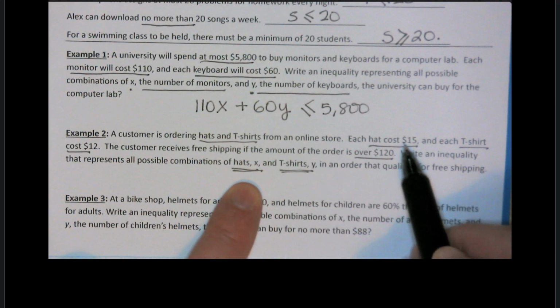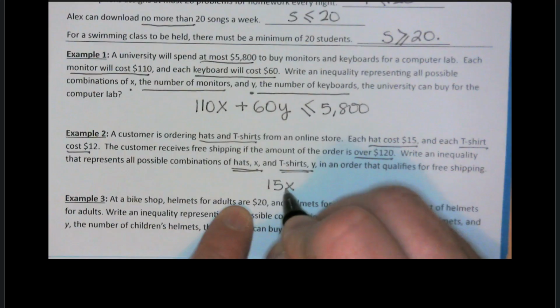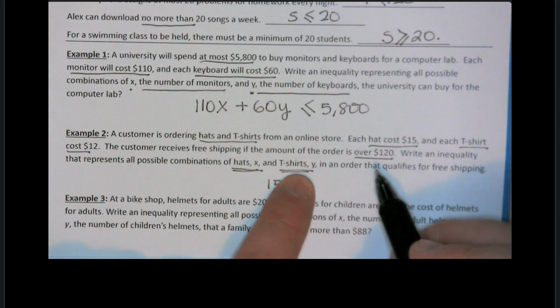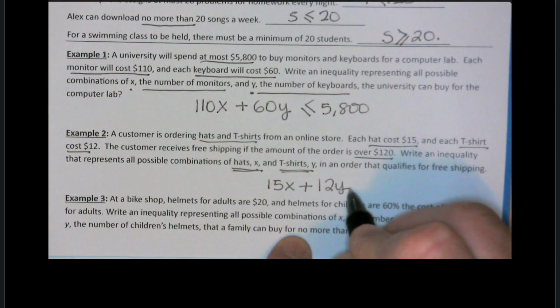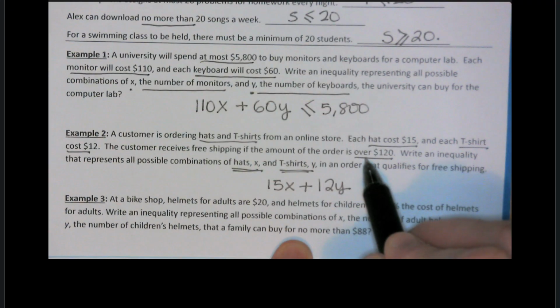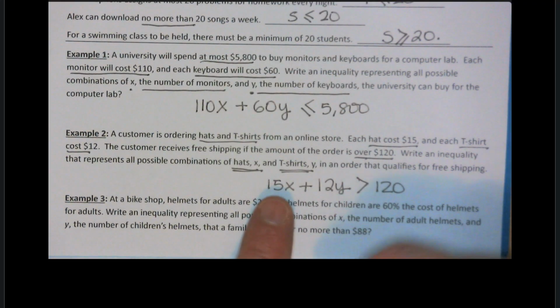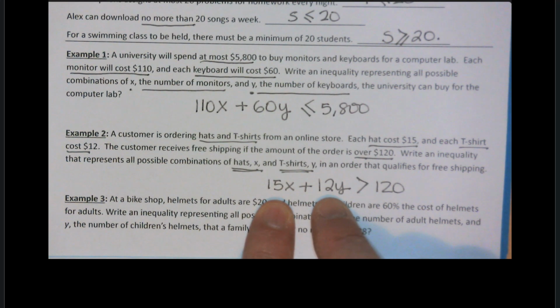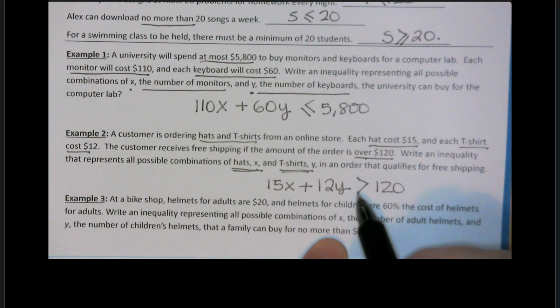That will be the number 15, associated with X, so 15X plus what is the number associated with shirts? That would be $12, so it would be 12Y. And the keyword here is over 120, so over is greater than 120. So if I buy hats for $15 and t-shirts for $12, if I pay over 120, I get the free shipping, and that's what this symbol means.